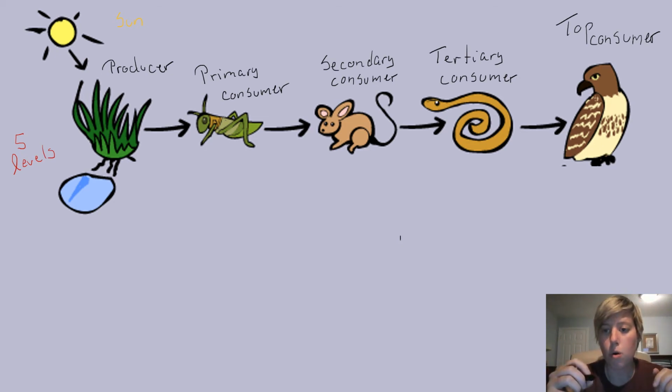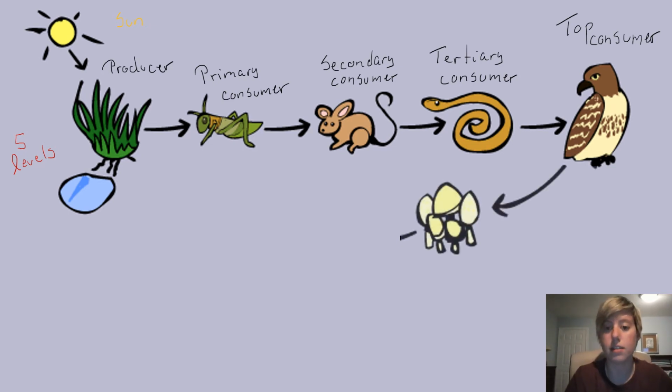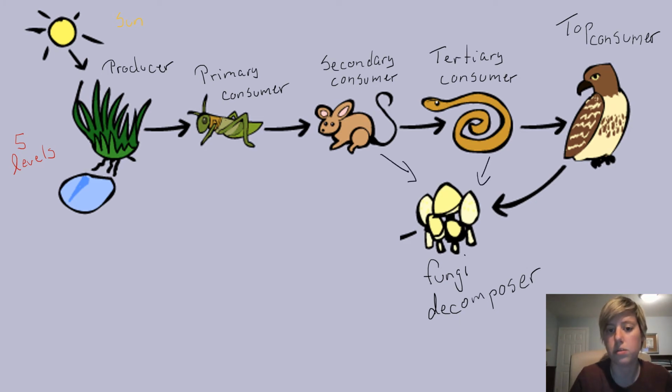Now, we also have to realize that there are going to be decomposers that decompose all of our living organisms. What's really important is that we don't actually count decomposers when we're looking at our chain of events, because the mushrooms, our fungi, have the role of decomposer. They would decompose the hawk if it dies, but they would also decompose the snake, the mouse, and the grasshopper.